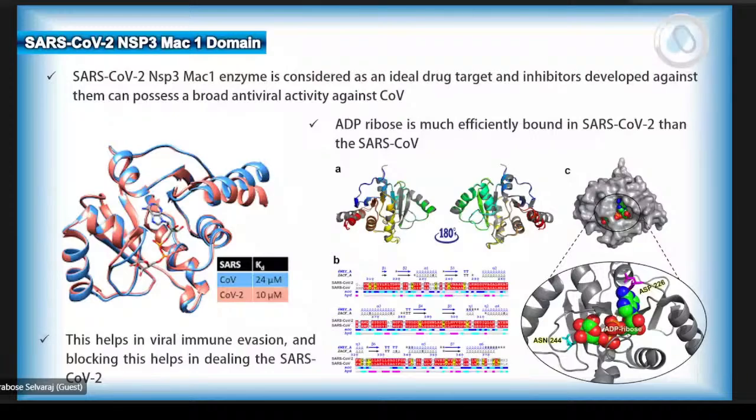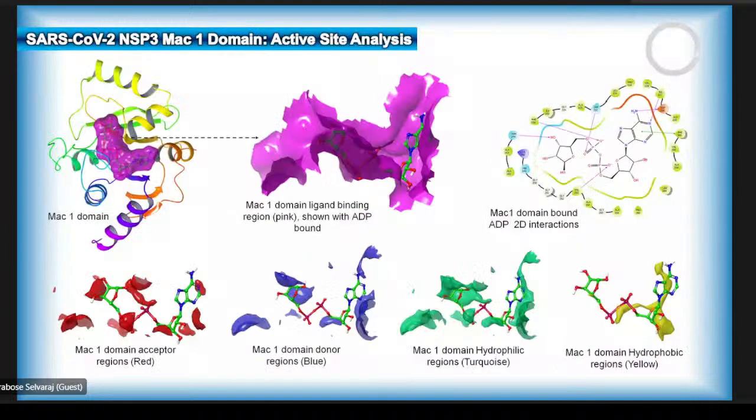SARS-CoV-2 has 24 micromolar activity, while SARS-CoV-1 has 10 micromolar. So the level of activity is more, and to find a drug, it is more imperative to go for this particular target. Initially, as told, it is L-shaped.